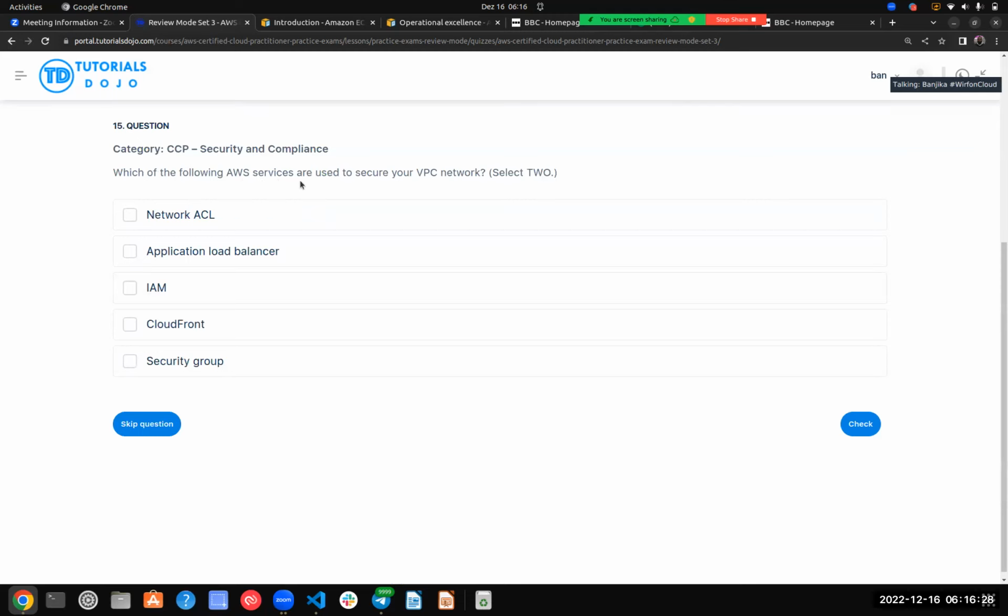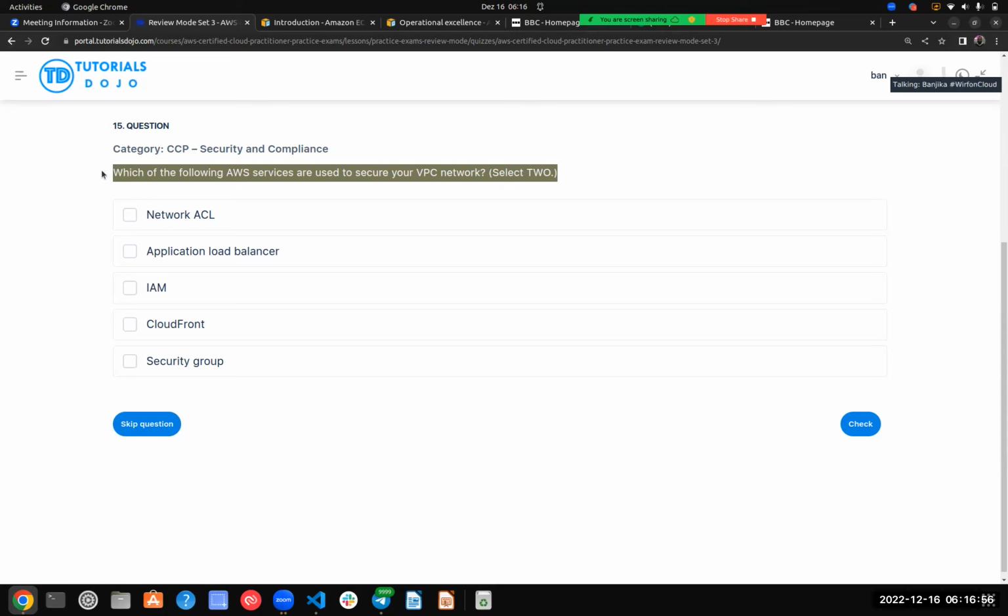Which of the following AWS services are used to secure your VPC network? Select 2. So what can you use to secure your VPC network? NACL and security groups.